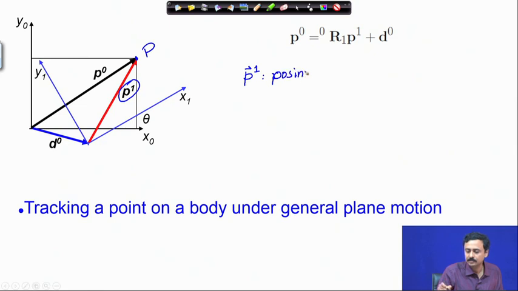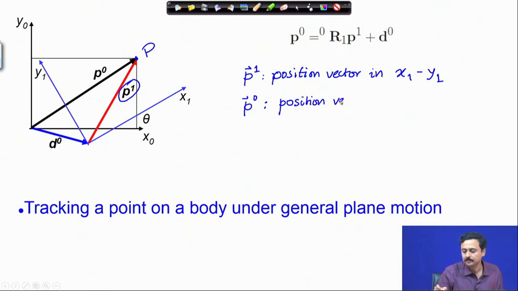This is the position vector in x1 y1. P0 is the position vector in x0 y0. We would like to find a relation between these two representations of the position vector of P.